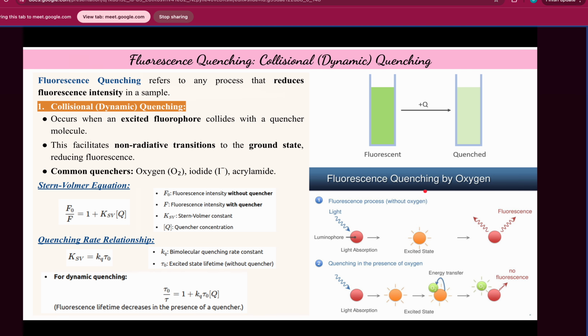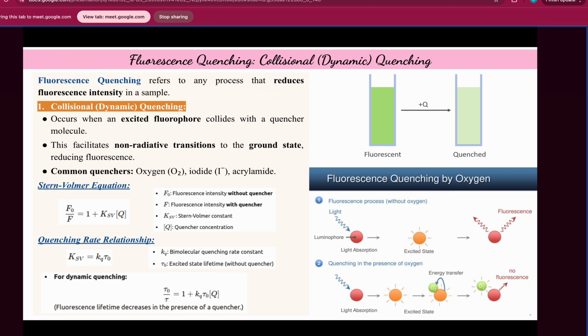Now what happens in collisional quenching? In a normal scenario, you have a luminophore which absorbs some light, enters the excited state, and comes back to the ground state by releasing some wavelength of light, which is known as fluorescence.